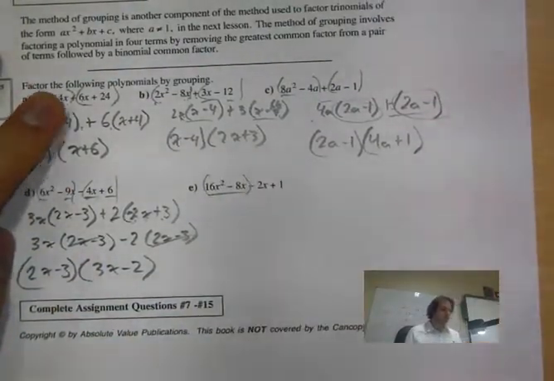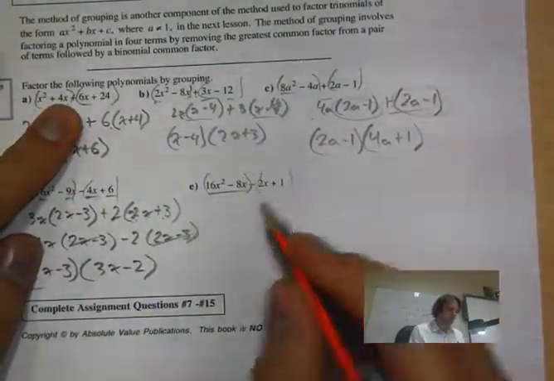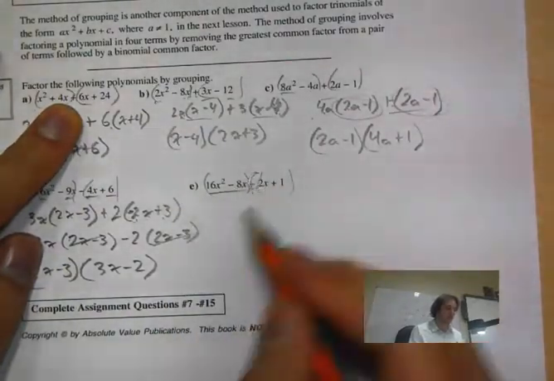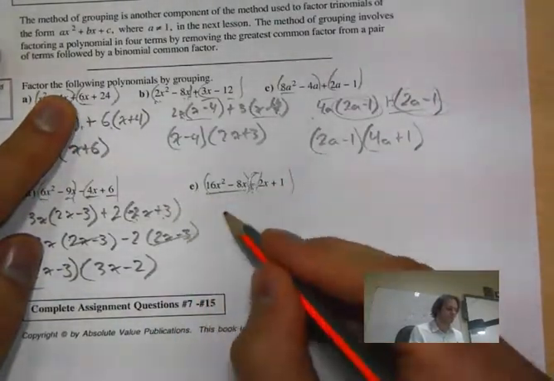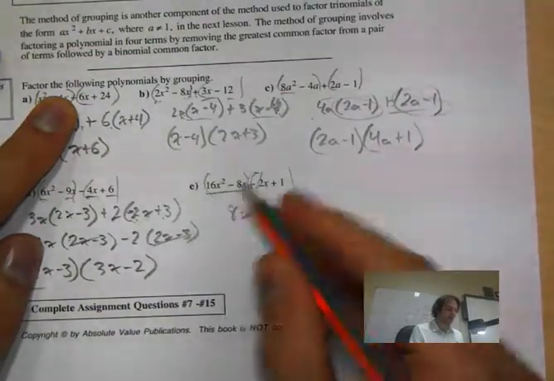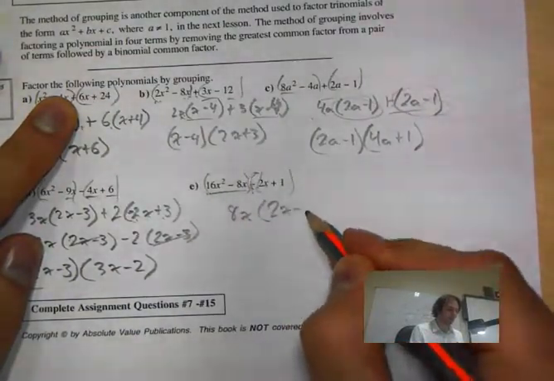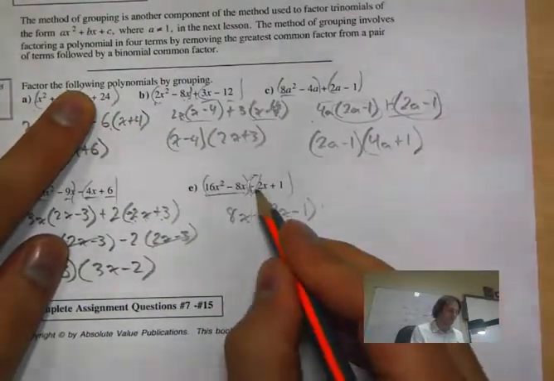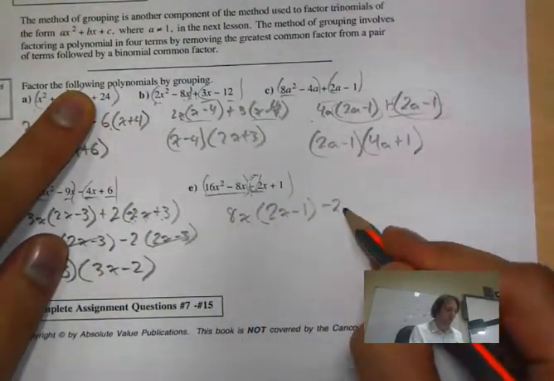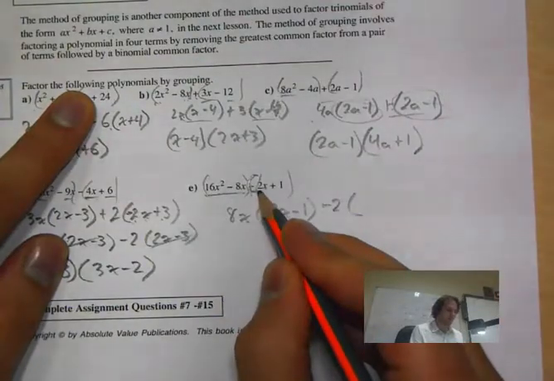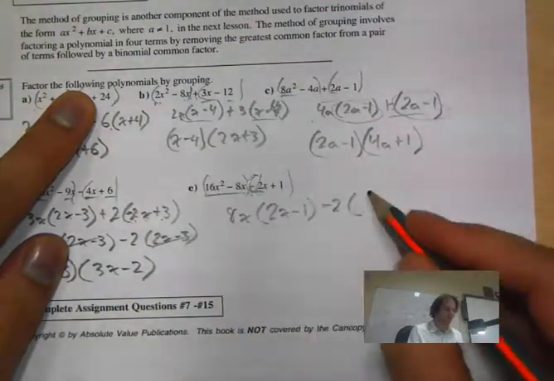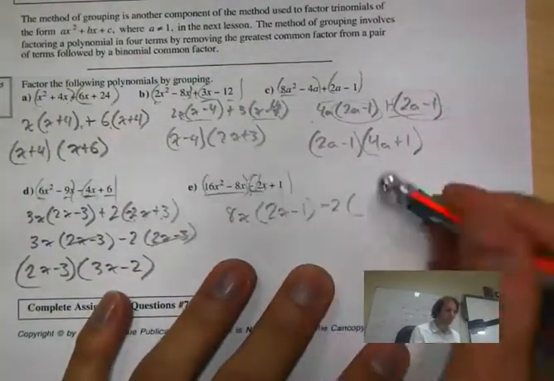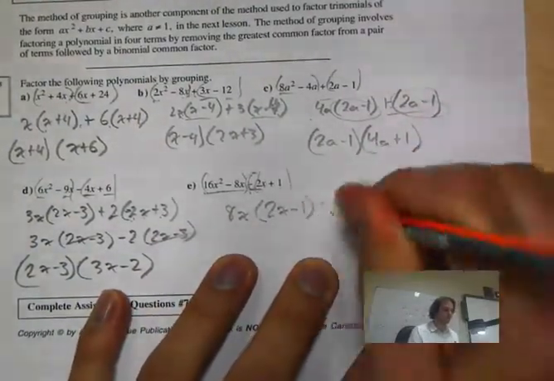Let's take a look at this one for my last question. So here and here, what can we do? I'm going to put my bracket there, so we keep that 2x in there. So we have 6, both of these divided by 8x, and we're going to be left with 2x subtract 1. Now the next one here, we want to take out that negative 2. Actually no, we don't want to, because that can't be divided by negative 2. So we're just going to leave it like that.